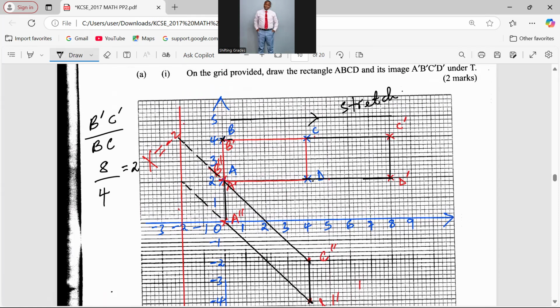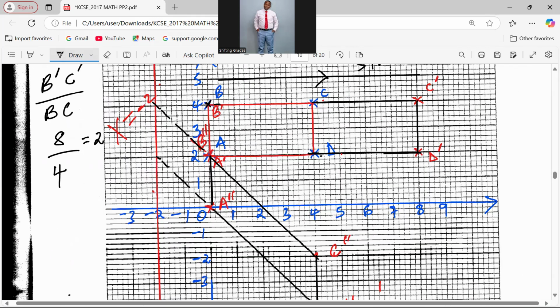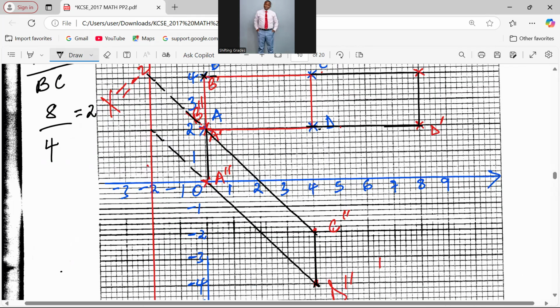So we are following the invariant line x equals -2. Line x equals -2. So we have to ensure that once we connect the invariant line to the coordinates which we have been given already, we should get what we are calling now a parallelogram.